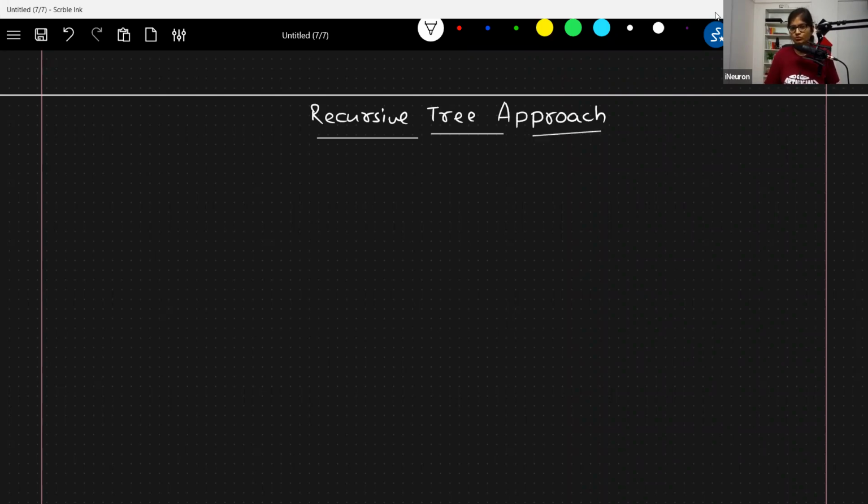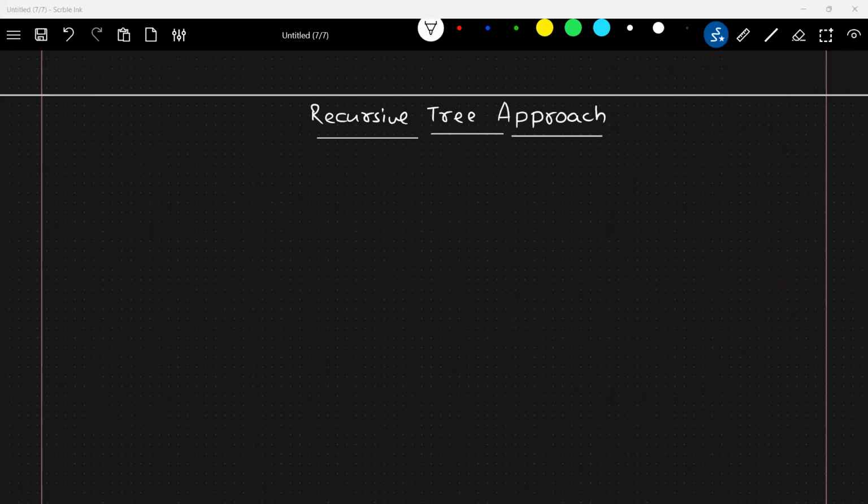Shall we start now? So this is the second method. Given a recurrence relation, how can we solve it using the recursive tree approach? Fine to everyone?